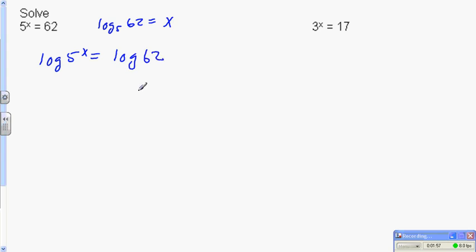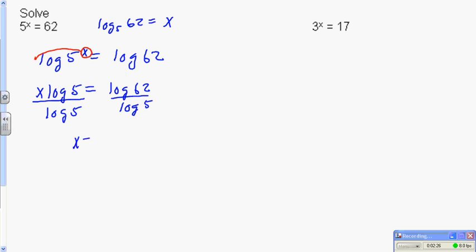And with this, we can use one of the three properties that come with logarithms, and that is that we can take the exponent and bring it out to the front of the logarithm, which will give us x log 5 equals log 62. And log 5 is a number, and we can calculate the answer of x by dividing both sides by log of 5.